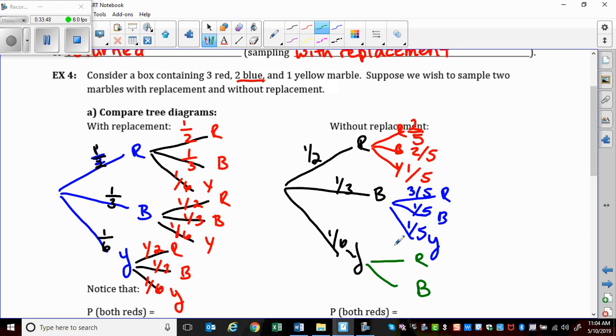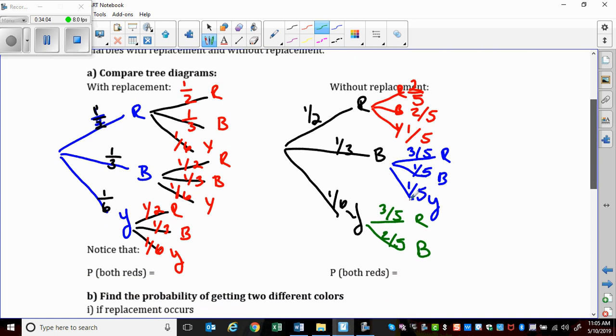So we're going to have 3 red and 2 blue, but there would not be a yellow. That would be impossible. So notice that the probability of both reds is equal to 1/2 times 1/2, which is 1/4. But the probability of both reds in this one is 1/2 times 2 over 5, which is 1 over 5.